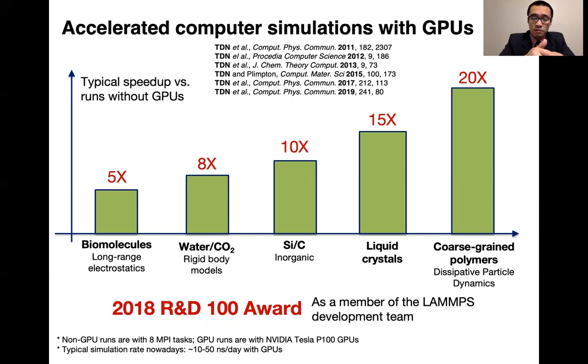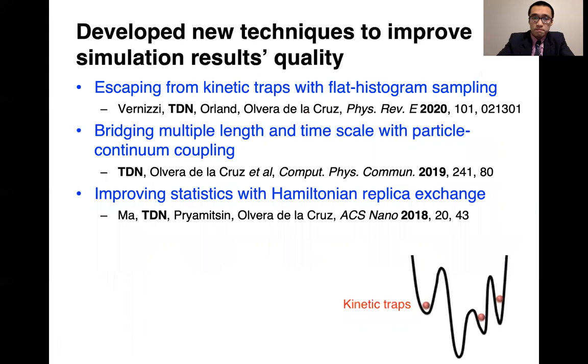And with this work, I have been awarded by the R&D 100 organization as a member of LAMMPS development. LAMMPS is a very well-known software package in the field of chemical engineering and material science, used for computer-aided design.